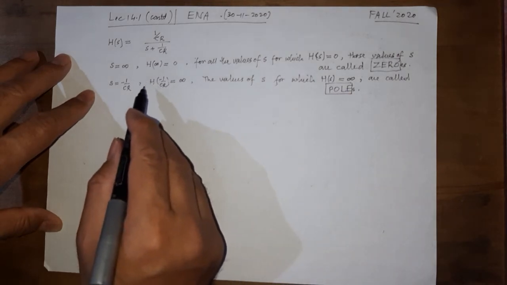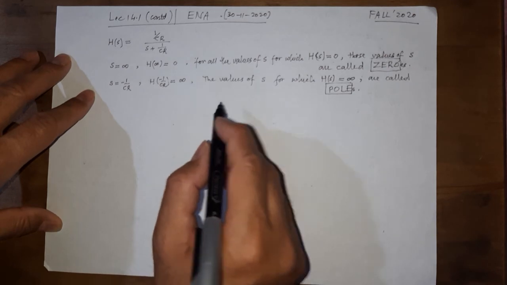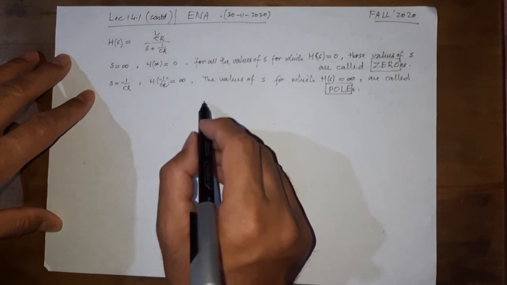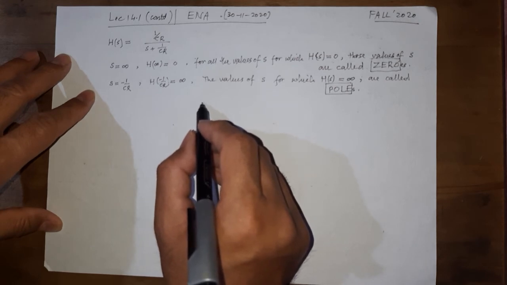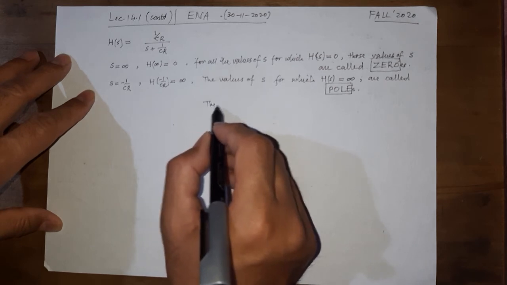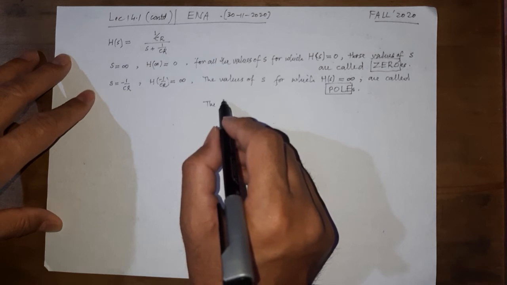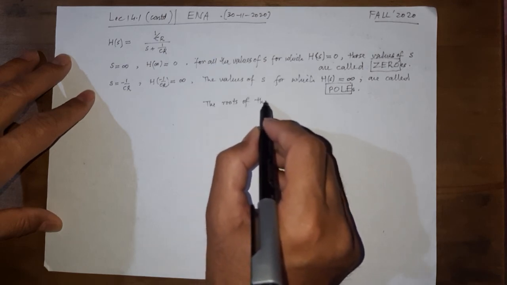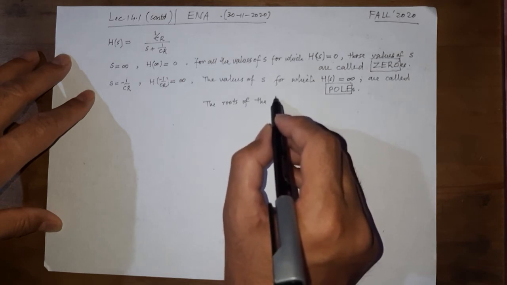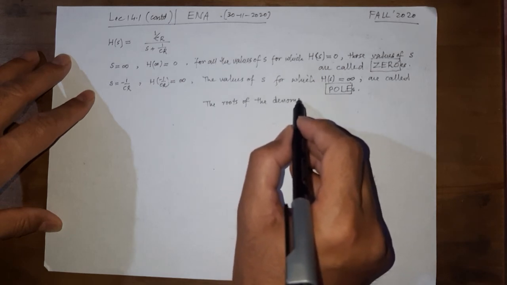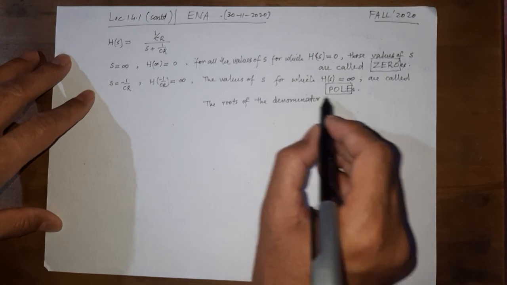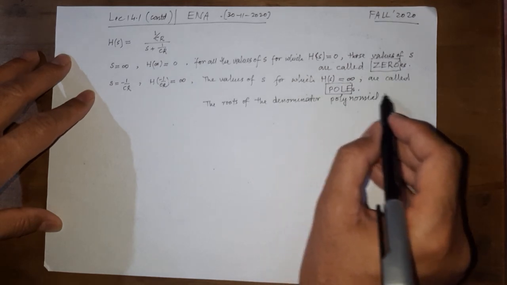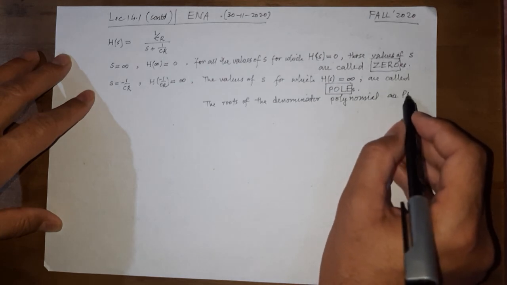So you can also say that apart from some extreme values, the roots of the denominator polynomial are poles.